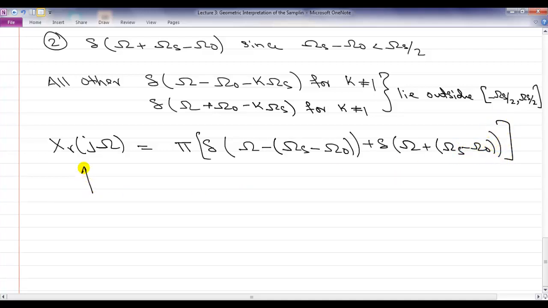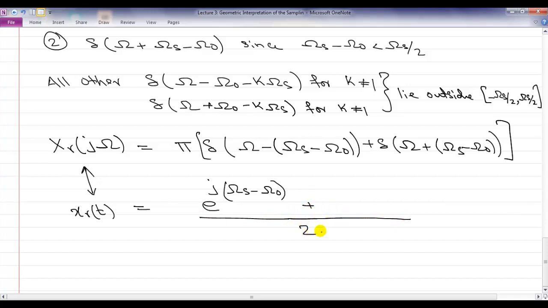And if I now take its inverse Fourier transform, which is my reconstructed signal, that is simply going to be e to the j(ωs − ω0)t plus e to the minus j(ωs − ω0)t.